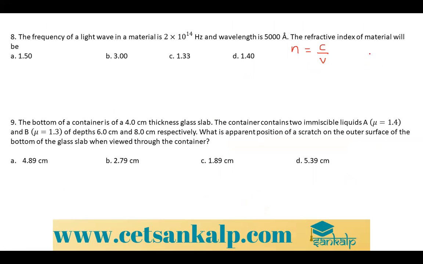But you have the formula. So frequency v is equal to mu into lambda. Mu is given as 2 into 10 to the power 14, into 5000 Angstrom, that is 5000 into 10 to the power minus 10.